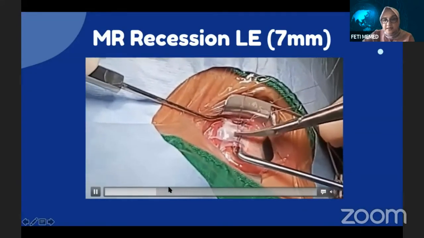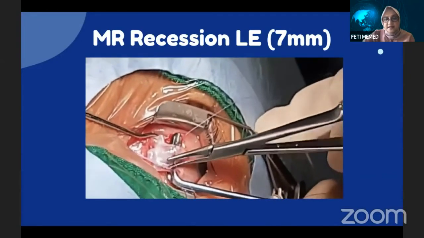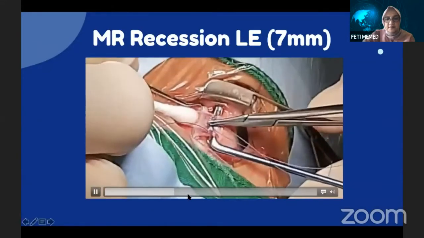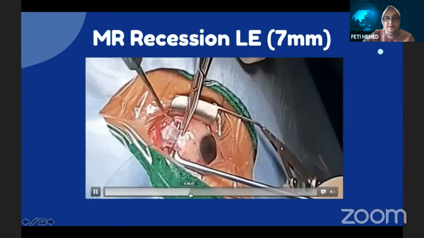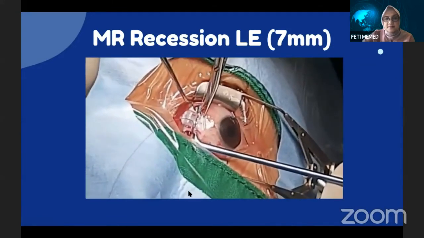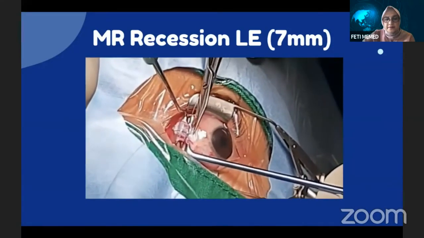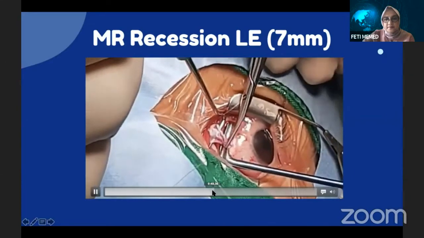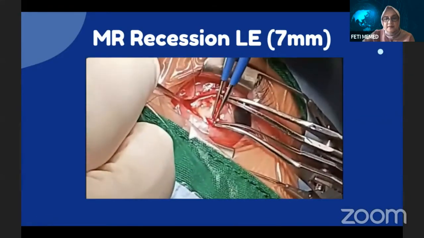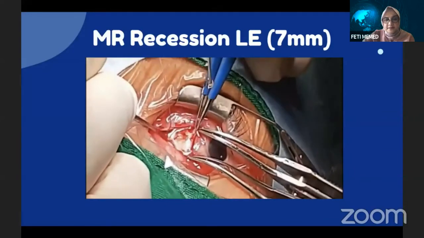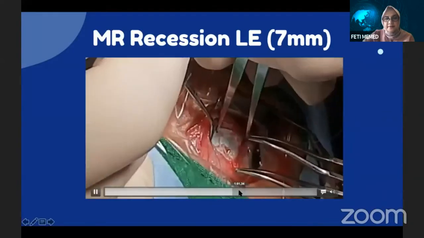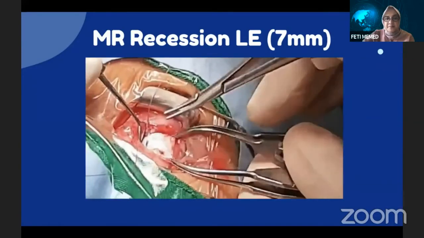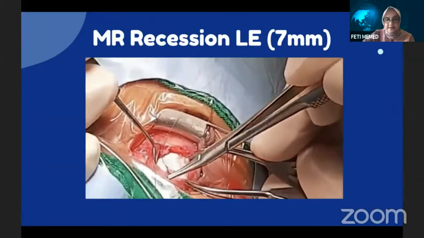Then make suturing near the insertion, and after that cutting the muscle at the insertion, and then make cautery for the bleeding, and make a re-incision 7 millimeters posterior to the insertion.